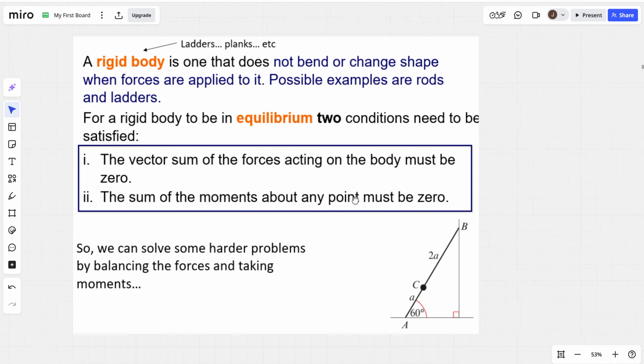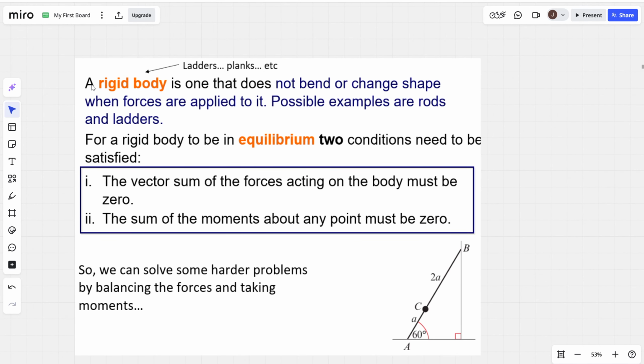So more specifically, what we're doing is it's not really just called ladders, it's called rigid bodies. So rigid bodies are ladders, planks, beams. They are things that do not bend or change shape. Rods as well sometimes come up, and you're going to see equilibrium come up in these questions.